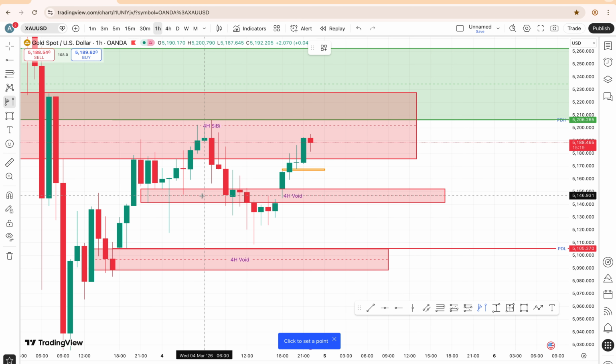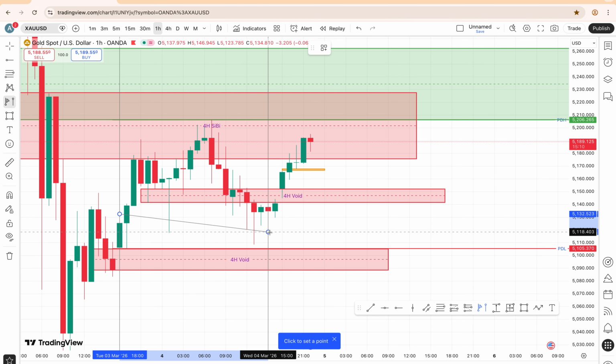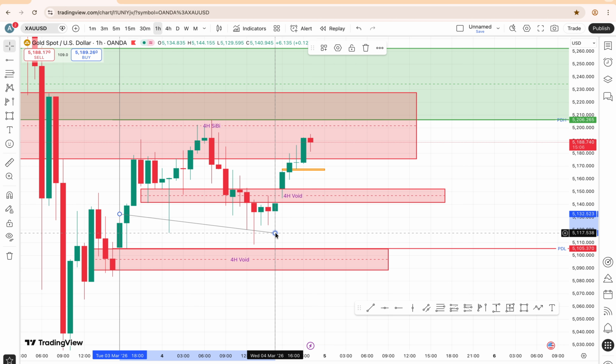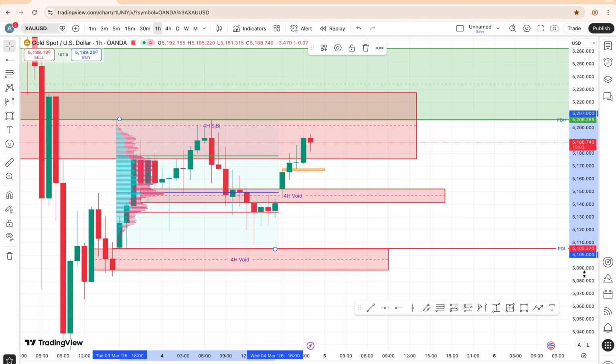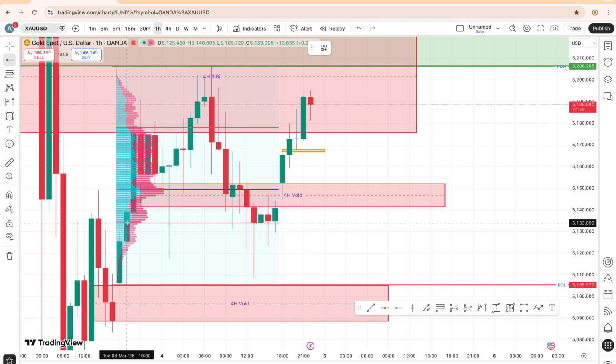So we did yesterday at 1800 hours and we extended until yesterday's 1600 hours. This is all marked in New York time. This is the value area low.